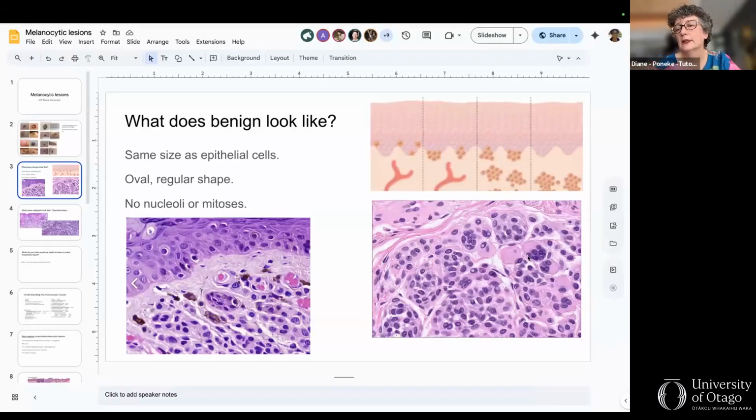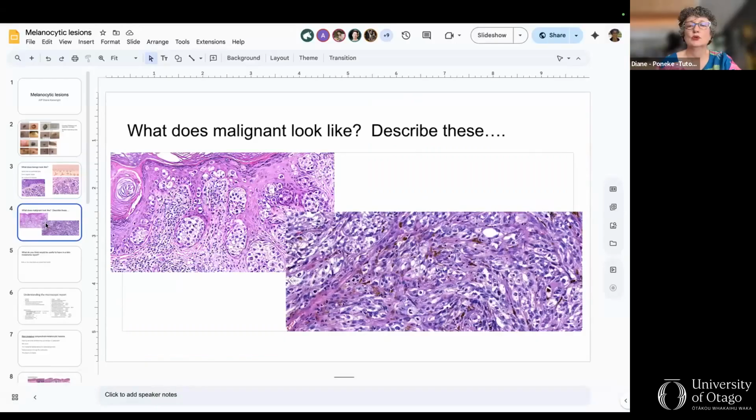Sometimes they form little clusters like these that are hyperchromatic. So it is tricky. You will only be given the most obvious melanocytic lesions to interpret, I hope. These are both benign because they've got uniform ovoid cells with small nucleoli, if they're there at all, and they are regular, as opposed to this.